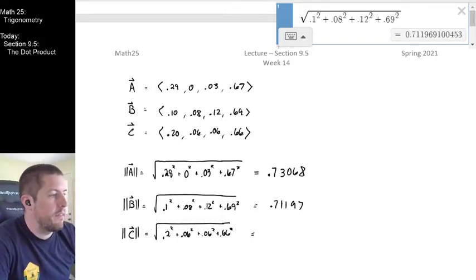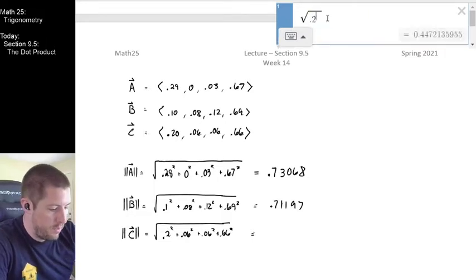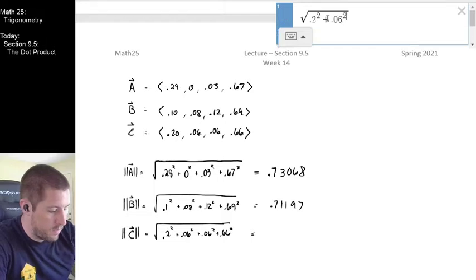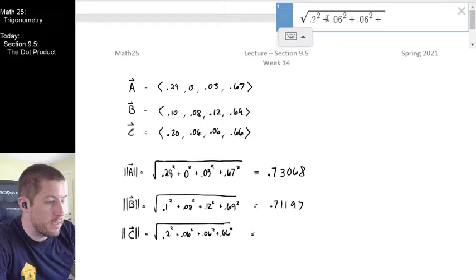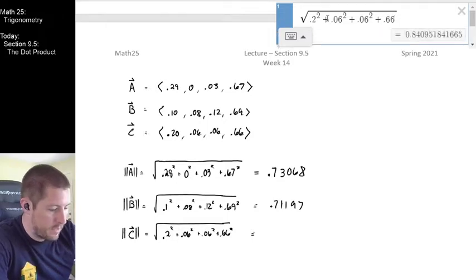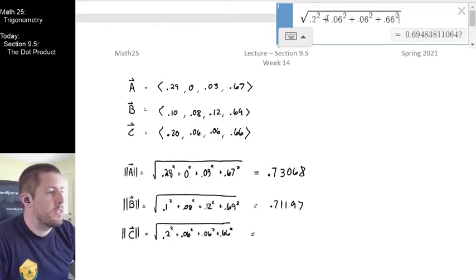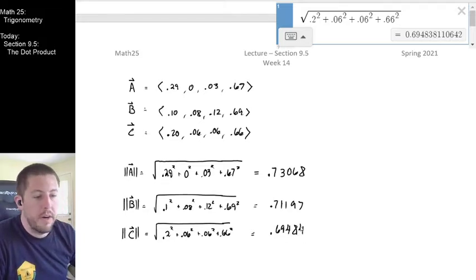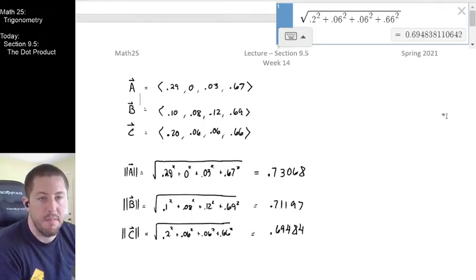And finally, our length of vector C, 0.2 squared plus 0.06 squared plus 0.06 squared plus 0.66 squared. I'm getting 0.69484. All right, so I've got my lengths of all three of my vectors.